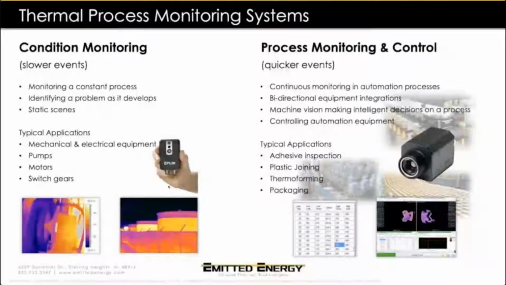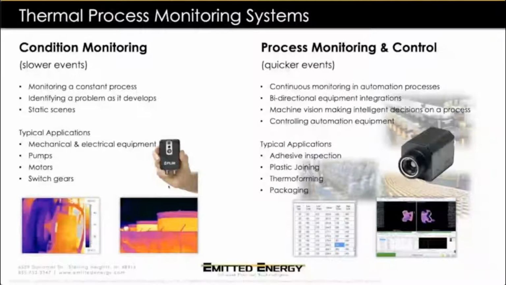We have bidirectional equipment integration, so we're talking to the automation equipment, letting them know there's a problem or an issue with a particular manufacturing process. We may want to control that automation equipment, saying there is a problem, let's take that product off the line for further evaluation, or we don't want it in downstream manufacturing processes.